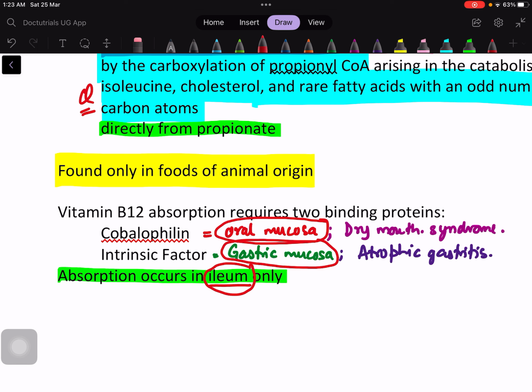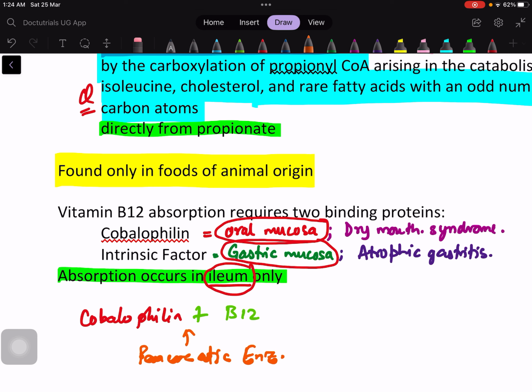Okay, so what you have to remember: when we consume the food, in the mouth the cobalamin will bind with the B12 and it will protect the B12 from degradation by the acid in the stomach. Now, when you reach the small intestine, this combination that you have, that cobalamin attached to the B12, is acted upon by the pancreatic enzymes.